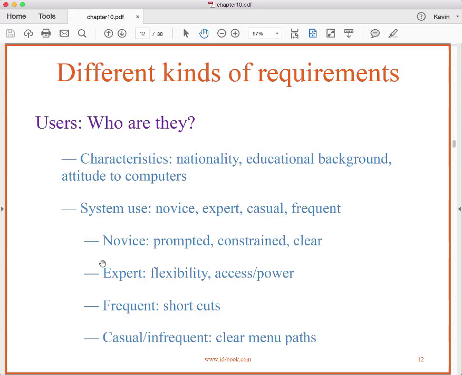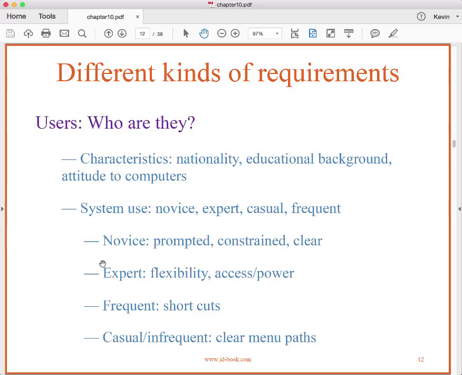So one of the observations that Cooper has that I really like a lot is this idea that we have these sort of perpetual intermediates. There's a real bias towards a big group of your users being intermediates. But the differences are going to be significant.